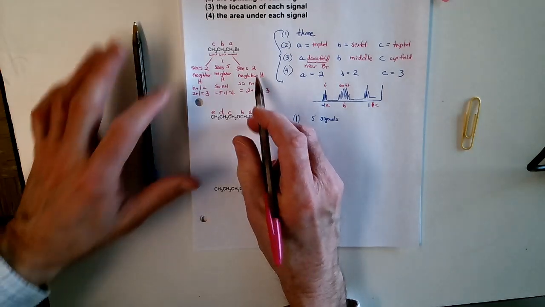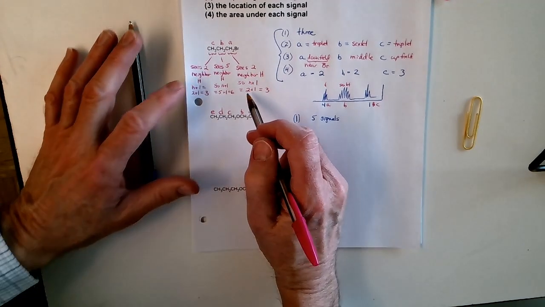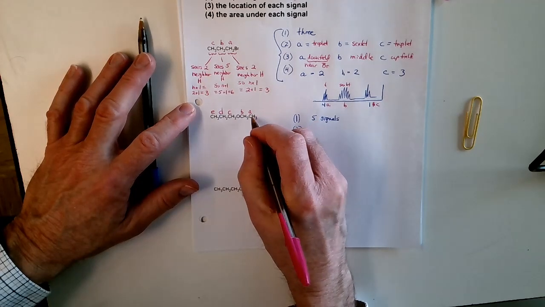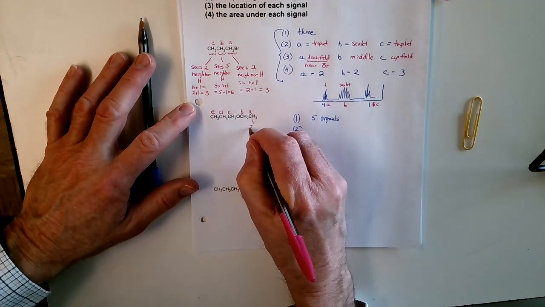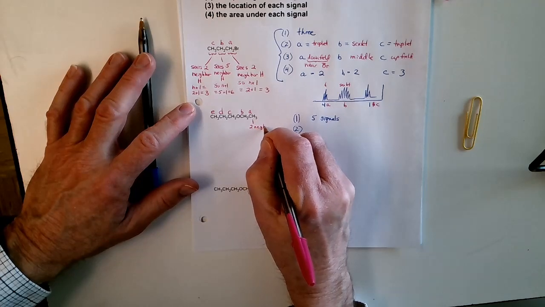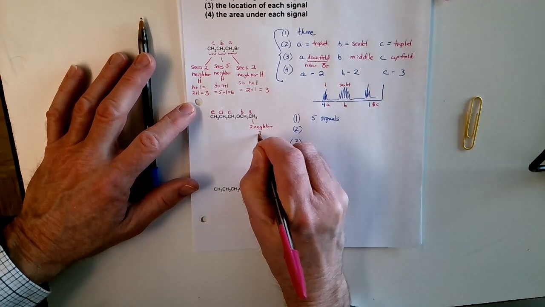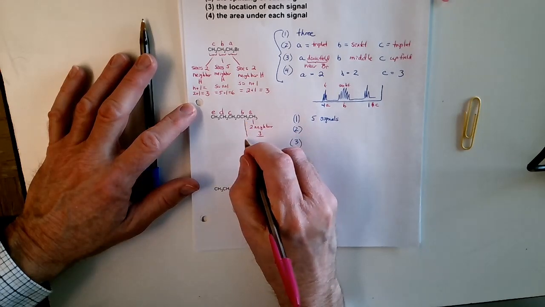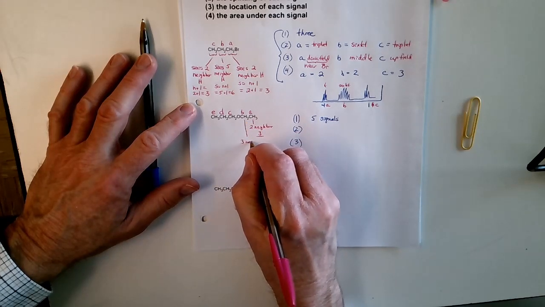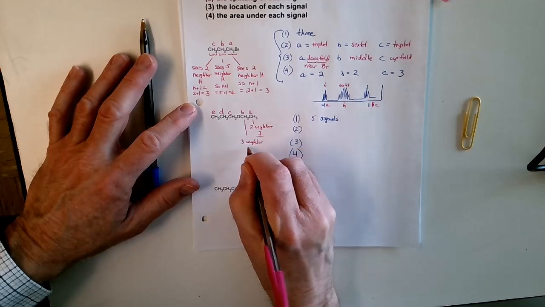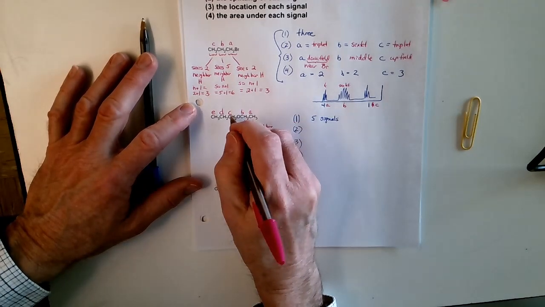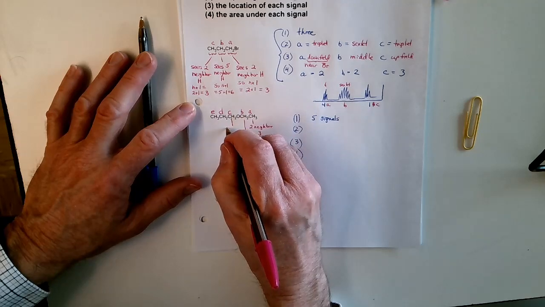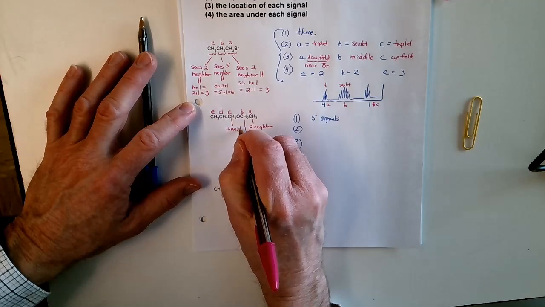Now you do your prediction of splitting, which is probably the most important thing to do. And I won't do the full narrative here, but let's just do it sort of like this. This one sees 2 neighbors. It's split into a triplet. This one sees 3 neighbors. It's split into 4. This one sees 2 neighbors.